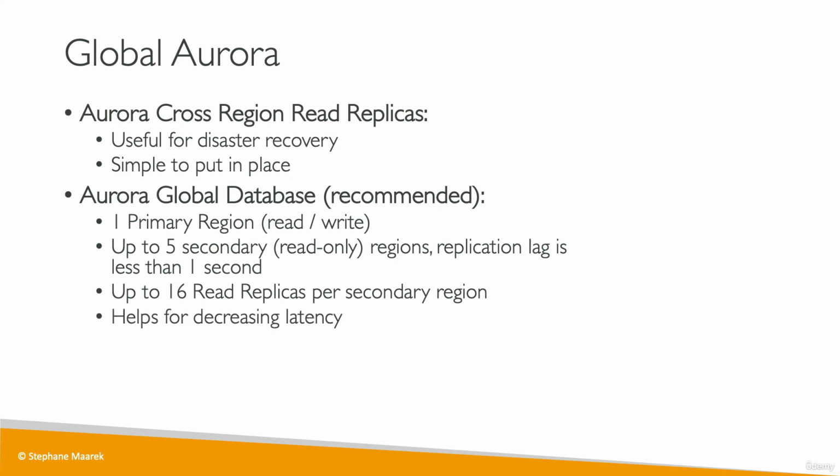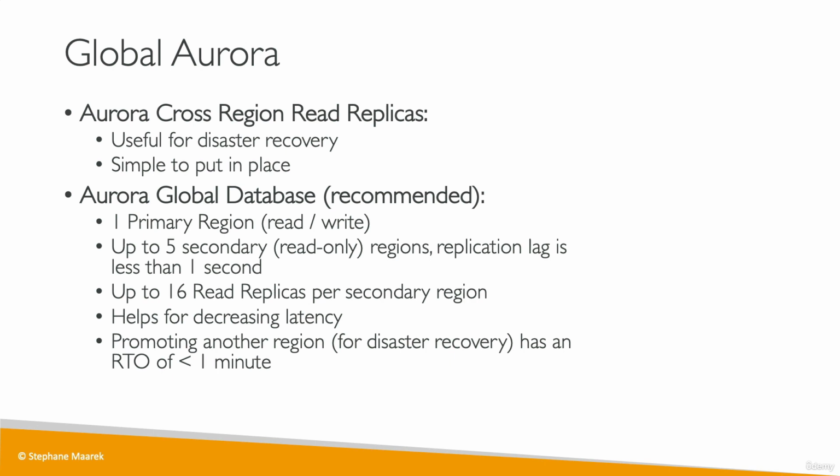This will help you decrease latency for the read workloads all over the world, but also in case you have a database outage in one region, promoting another region for disaster recovery purposes has an RTO, so recovery time objective, of less than 1 minute.